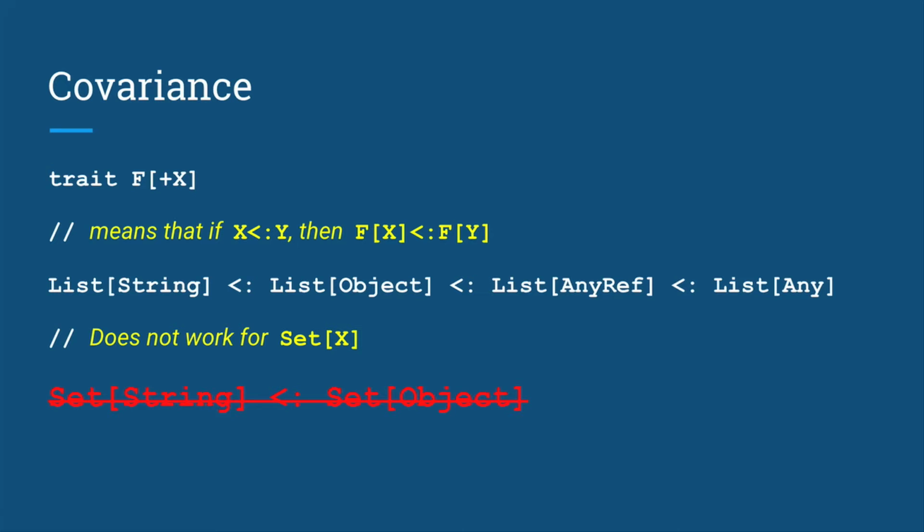Subtyping mapping. It's a special kind, but when you talk about covariance in Scala, we talk only about this way of mapping. String is an object. Object is any ref. Any ref is any. But for functors, you have to preserve this mapping. Map should work for any function.